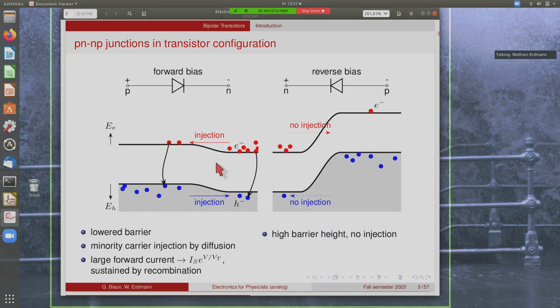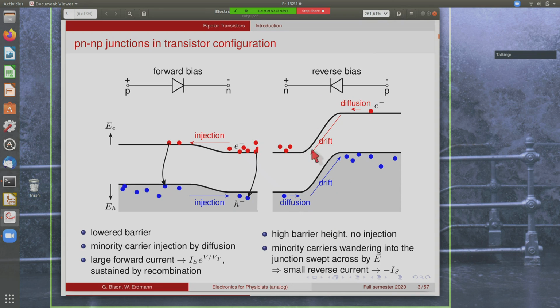On the other side, the diode is in reverse bias, so the barrier height is larger than the equilibrium value, so there's no injection across this increased barrier. But whatever carrier does its random walk into this junction region here, into the field region, will be swept away by the field, and that gives rise to the small reverse current that we know from the diode.